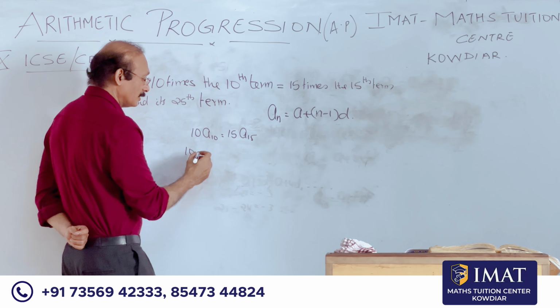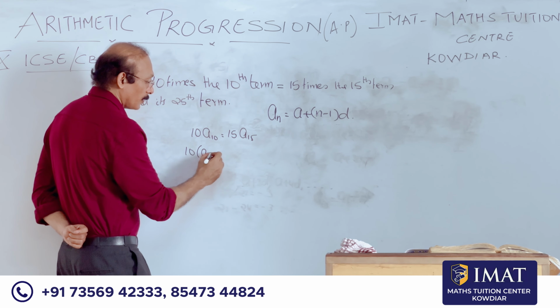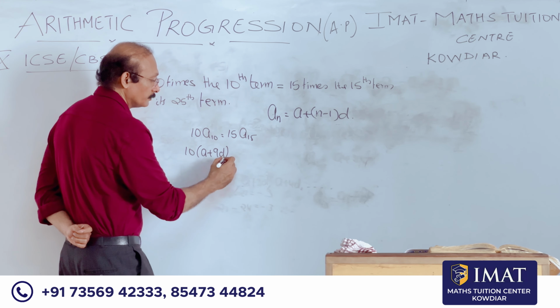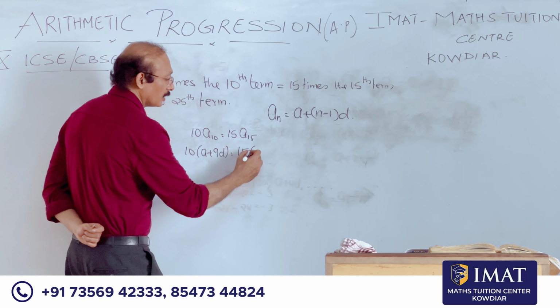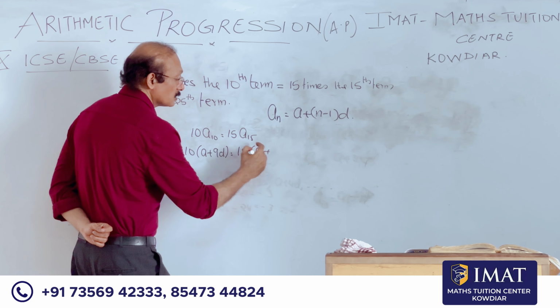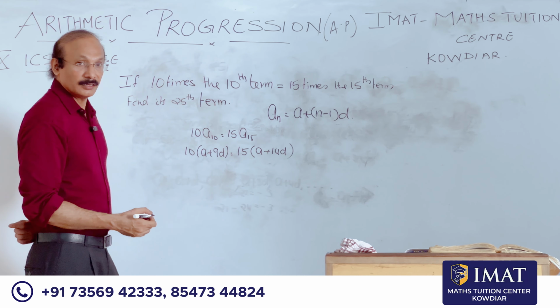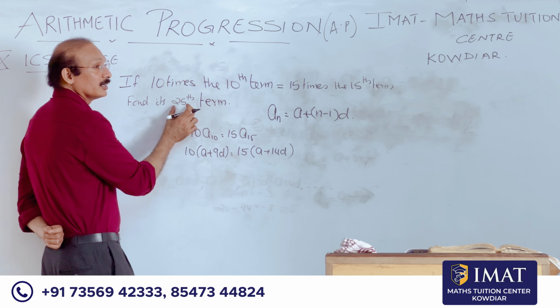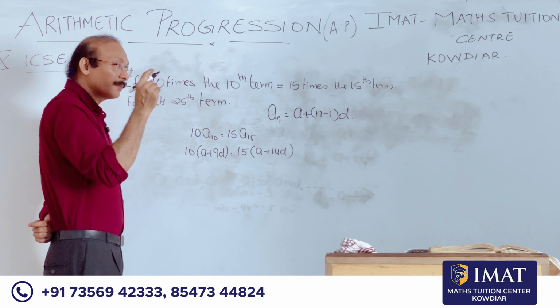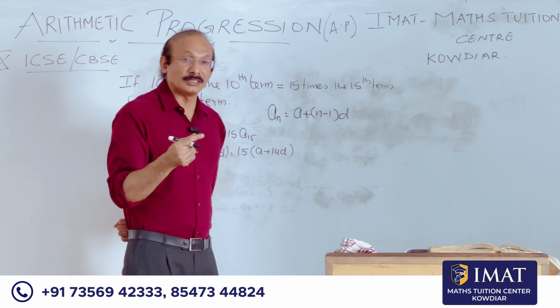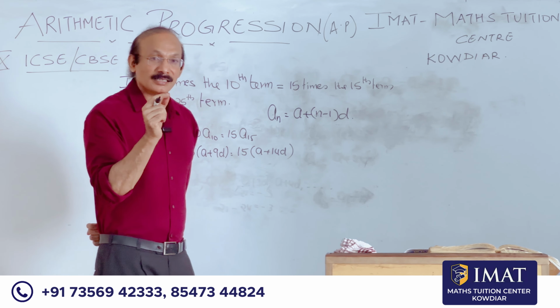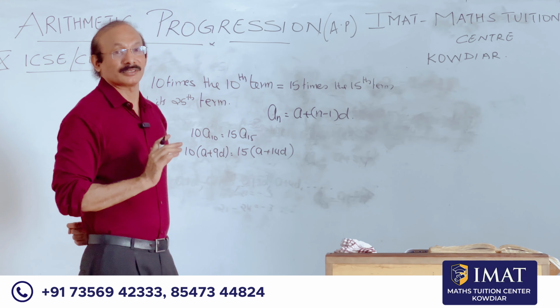So what will be the 10th term? Isn't it A plus 9 times D? And it is equal to 15 times what? A plus one less, 14 times D. Right? What is asked? We need the 25th term. Can you just tell me the general formula for the 25th term? Yes, it is A plus 24 times D.